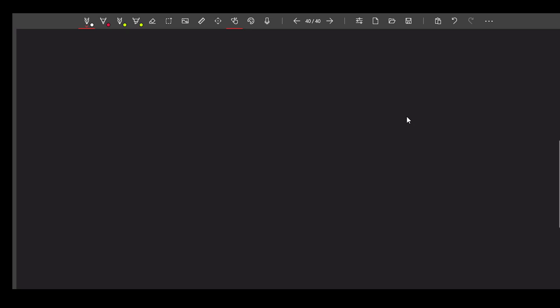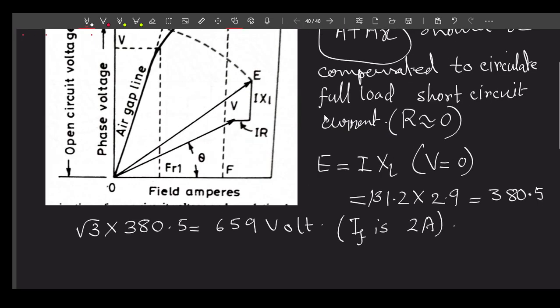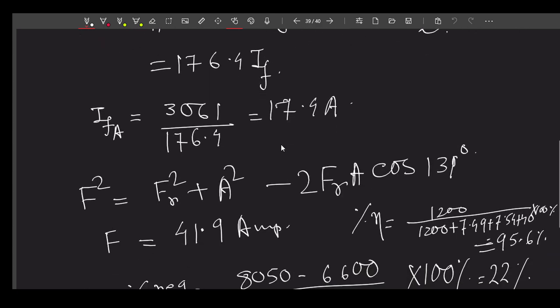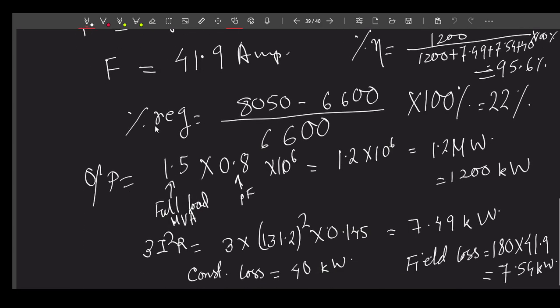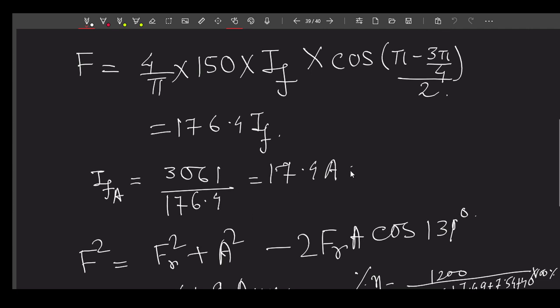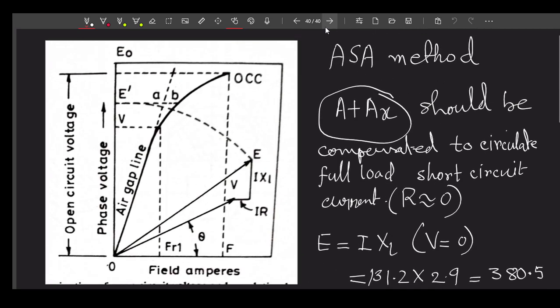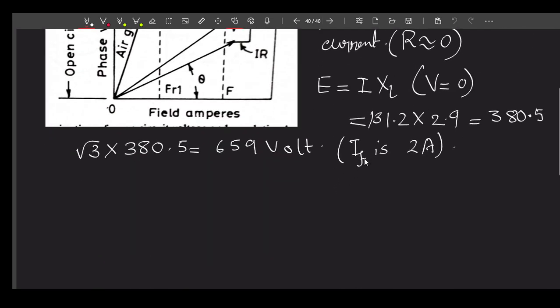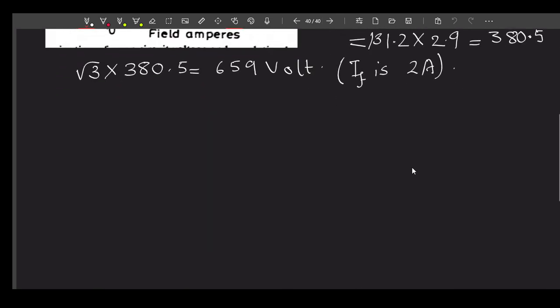Now, what is the armature reaction MMF? We have already computed that much. Armature reaction MMF is 17.4 ampere, right? So here, this is giving us this much, you need to compensate your AX, right?